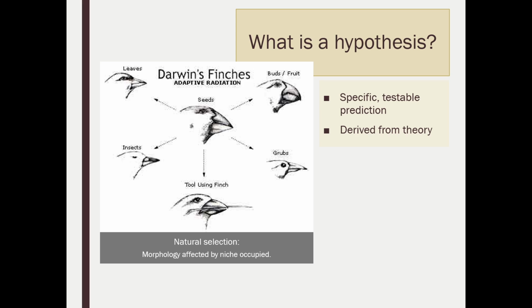So with natural selection, the idea is that pressuring your niche can cause certain characteristics to be favored. And by favored, he always meant additional reproduction, greater access to getting your genes into the future and passing along the traits that you have.